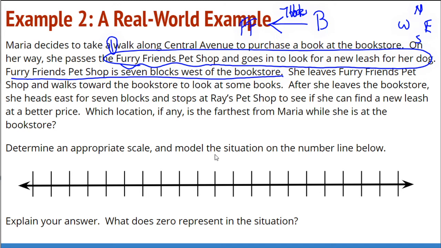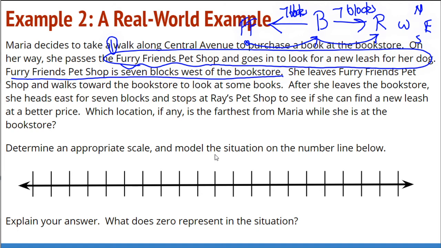She leaves Furry Friends Pet Shop and she walks toward the bookstore to look at some books. So she leaves the pet store, goes to the bookstore to look at books. After she leaves the bookstore, she heads east for 7 blocks and stops at Ray's Pet Shop. So she's going to go east to Ray's Pet Shop, and the total distance she's traveling is 7 more blocks. And she's still looking for a leash for a better price.